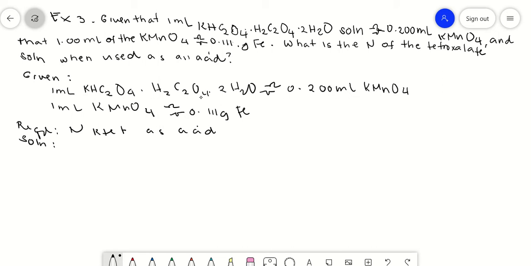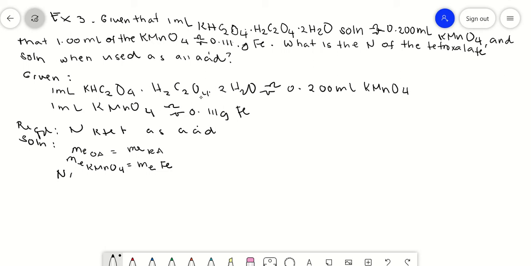Milliequivalence of the oxidizing agent is equal to milliequivalence of the reducing agent. So milliequivalence of potassium permanganate is equal to milliequivalence of iron. We are given the volume and we are after the normality.